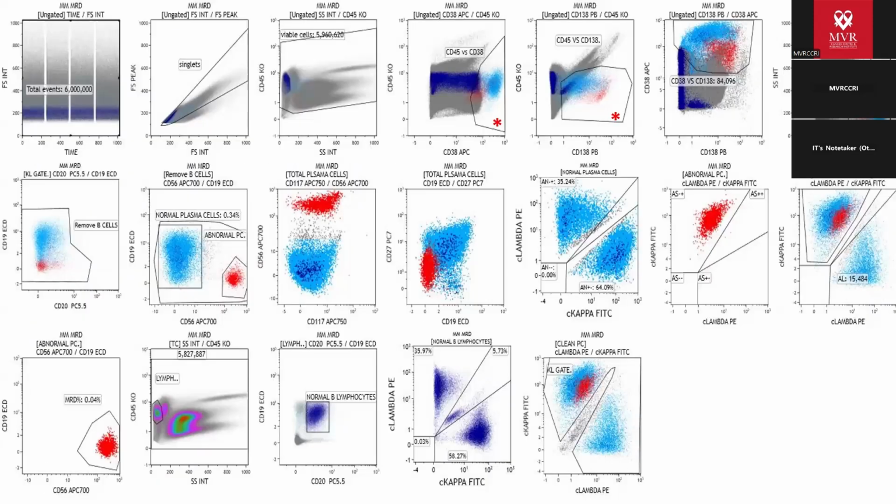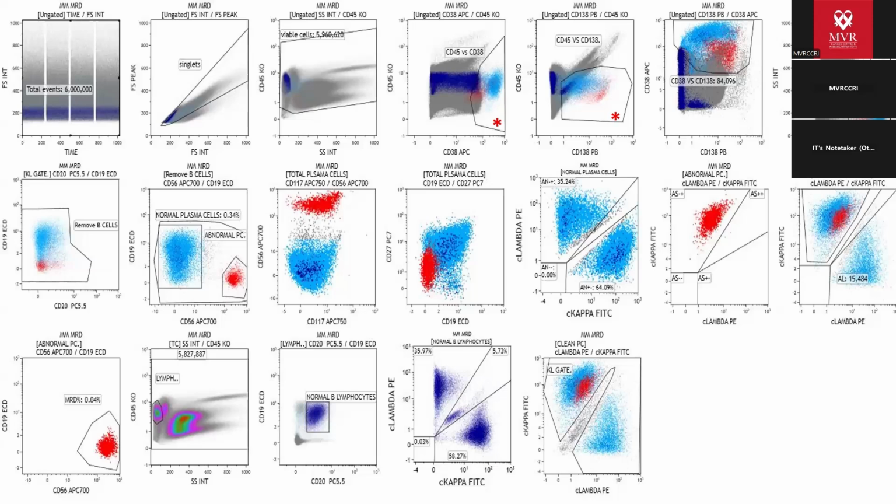If you see, from the initial gate, I have purified out. In the initial gates in a panel, you're going to have myeloid cells, plasma cells, so many things. That is included in the initial plots. And then I gate out my plasma cells only by 38, 138. And finally, in these gates, I show only plasma cells. I purified out my plasma cells, and I'm trying to find whether there is any abnormal cell.